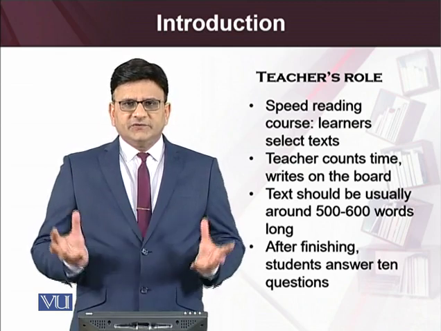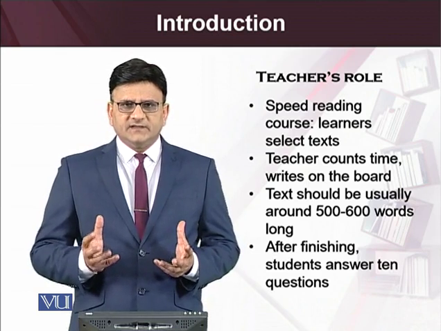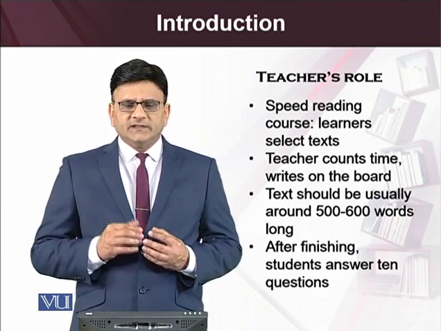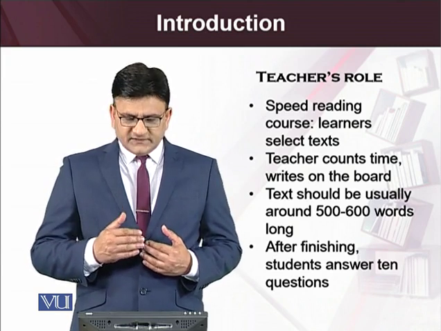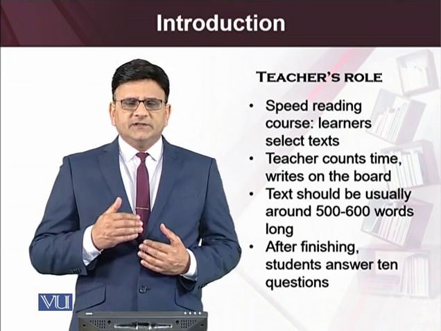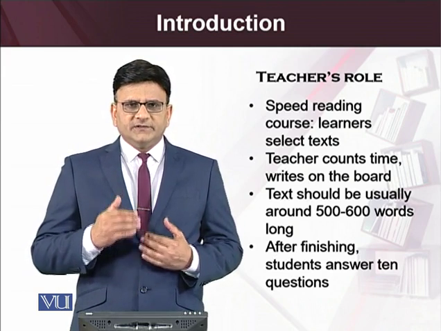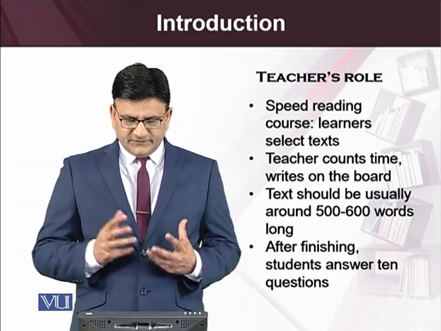When the students have selected texts and are sitting in the classroom and have started reading fast, the teacher counts the time, and she also continues to do the exercise on the board.